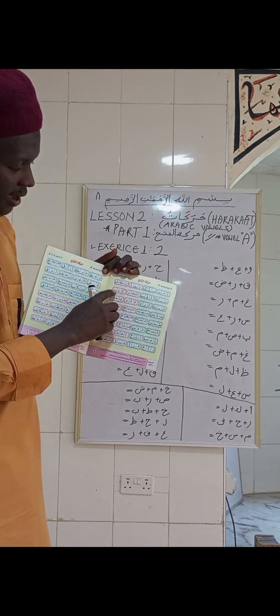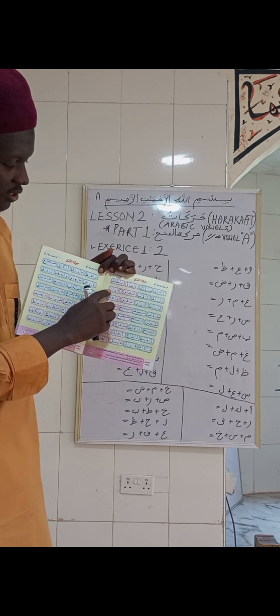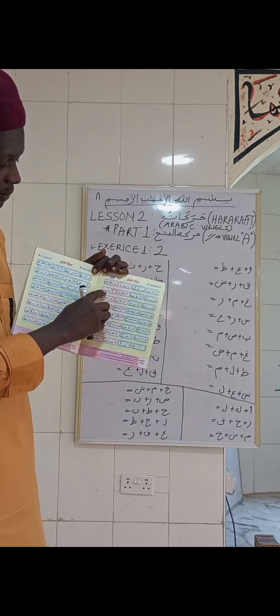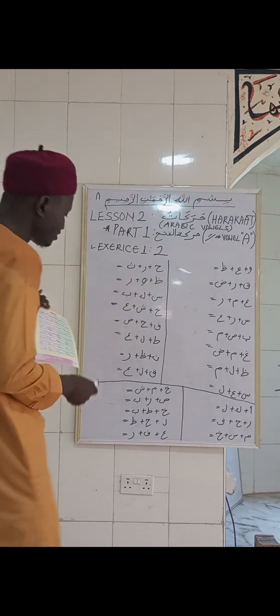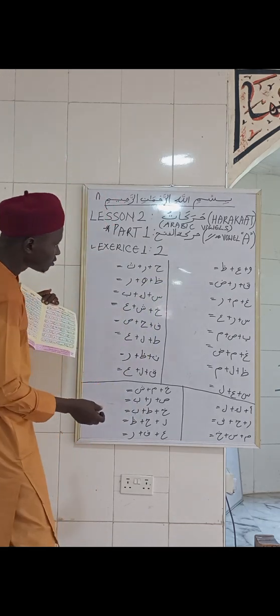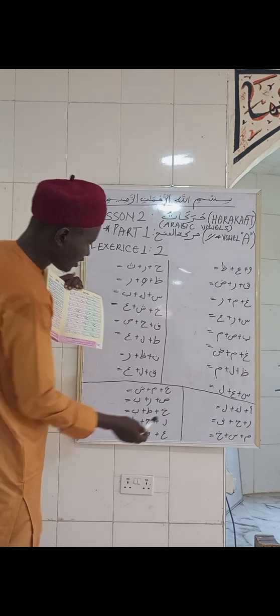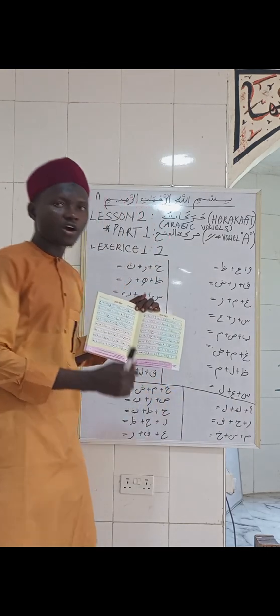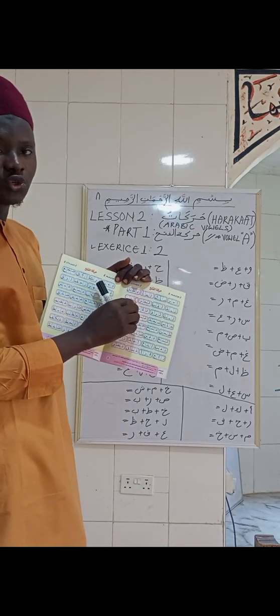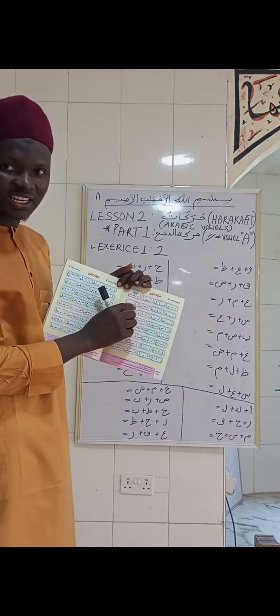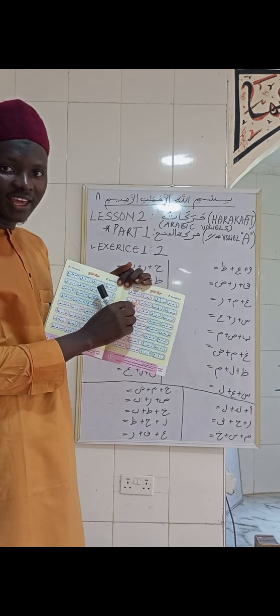Ka, ta, ba. Can you see it? Kaf is supposed to be written this way. Do we have kaf on the board? Yes. But because it is not at the end of the word, anytime it is in the middle or at the beginning and you want to link it, it comes in this format.